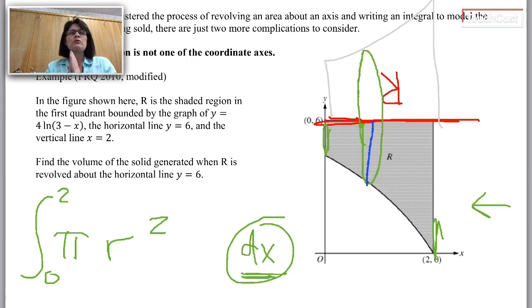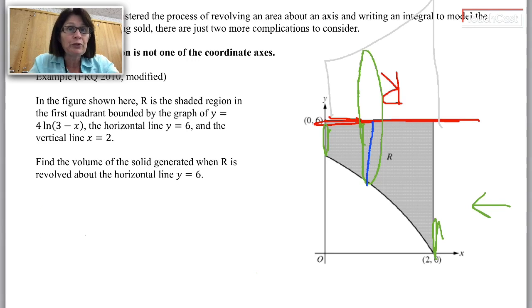Okay, so this is where the complication comes in, because look at that blue thing that you drew. We have to write an expression for the length of that blue line segment. Watch what happens. Notice your blue line segment, it's vertical. So if I want to find the length of a vertical line segment, I subtract the y values.